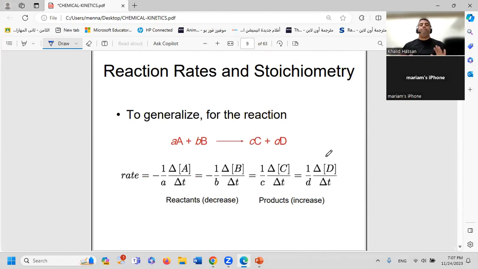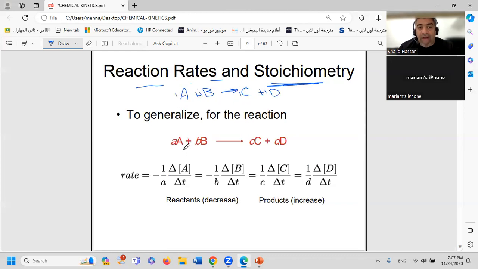Now let's go to a very important point that I mentioned previously, which is reaction rates and stoichiometry. What does stoichiometry mean? Stoichiometry is the number of moles present. Earlier, if you remember, I told you A plus B gives C and D, and all of them are 1 mole.